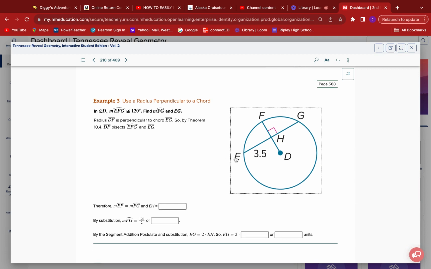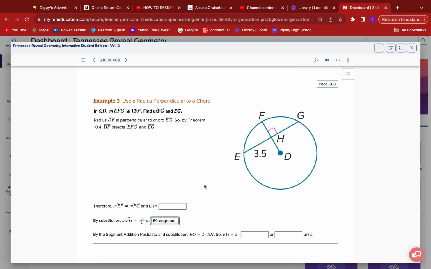All right, so first off, arc EFG is 120. Now, this perpendicular right here means that the radius and the chord are perpendicular. That means that arc EFG has been cut in half. So 1/2 of 120 is 60 degrees.